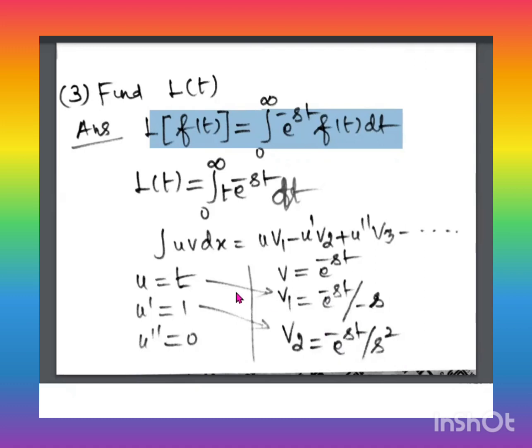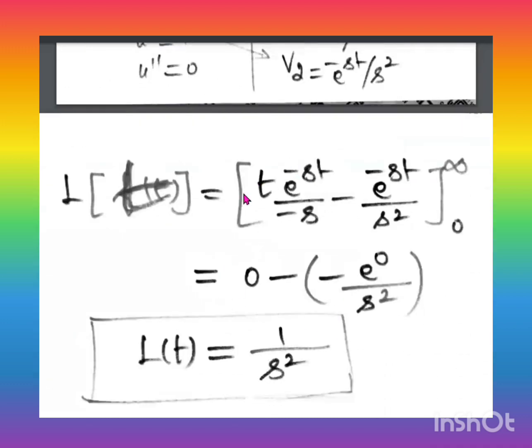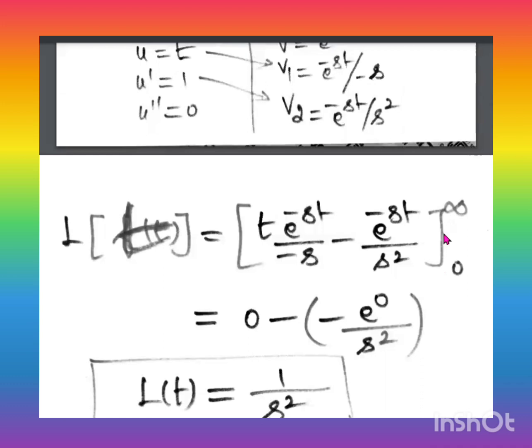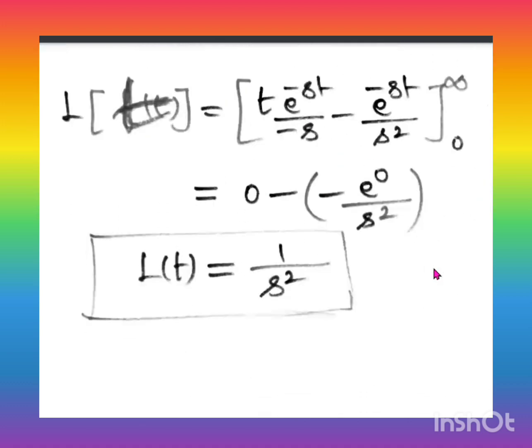So if you are using the formula uv1 minus u dash v2, therefore L of t is equal to uv1, t into e power minus st divided by minus s, minus u dash v2. U dash is 1, v2 is e power minus st divided by s square. Limit is 0 to infinity. If you apply the upper limit infinity, both terms will be 0.